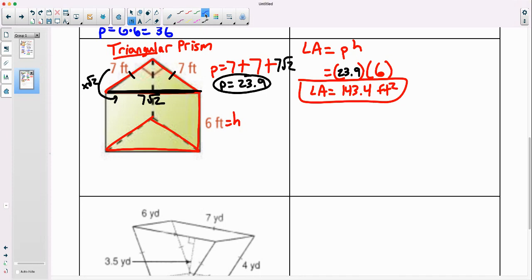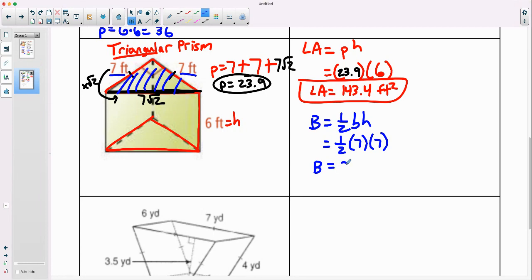Capital B is the easier part this time, the area of one of the triangles. Okay, we had what we needed for that. We can use the 2 7s. Okay, we wouldn't use the hypotenuse for area. So 1/2 times 7 times 7. So one base has an area of half of 49 or 24.5.